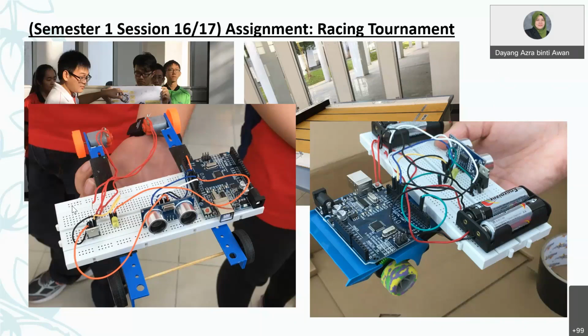Okay, so this one dia connected selari, maksudnya ini terconnect dengan ini. And this one dia connected secara parallel, macam ni lah, kat bawah ni. Okay, so untuk yang ke sini is not connected lah.